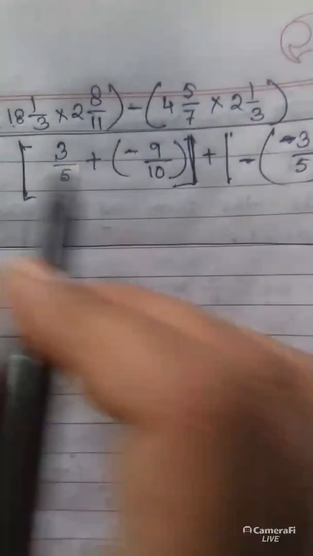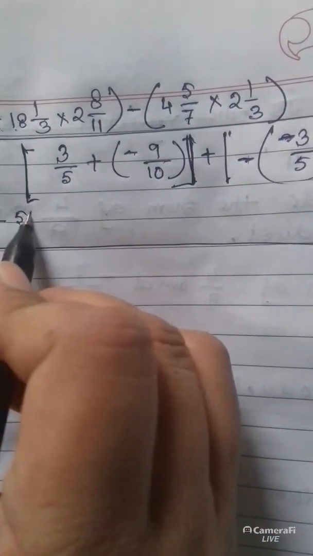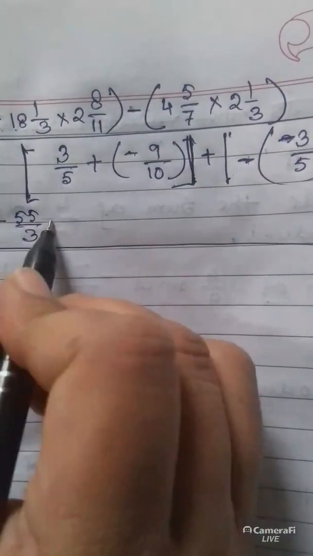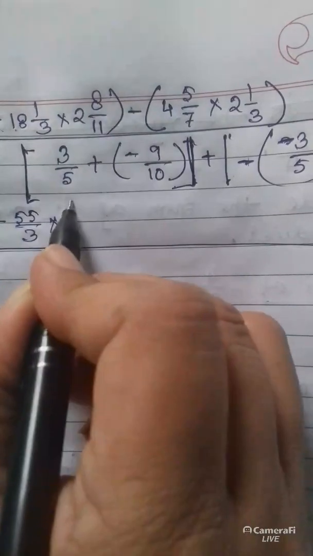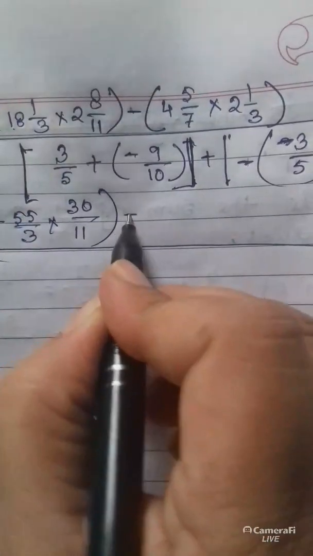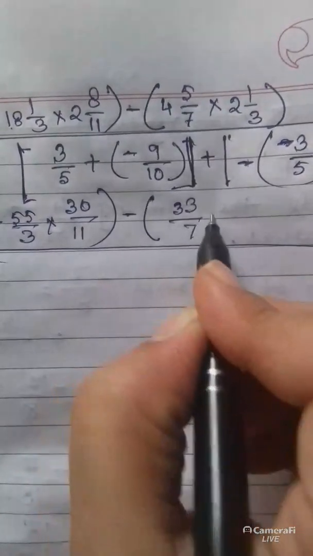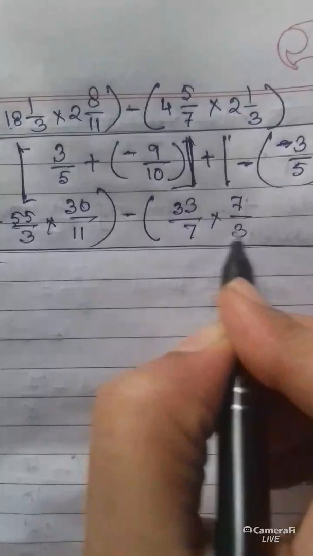Now first of all, minus 18 whole 1 by 3 means minus 55 by 3 into 30 by 11, minus 33 by 7 into 7 by 3.